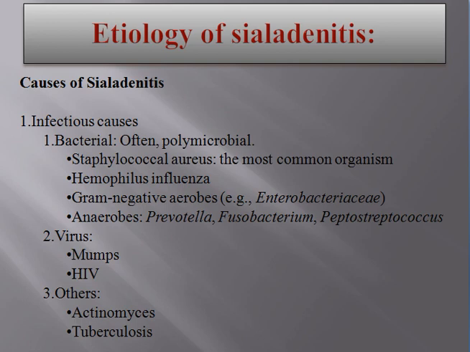Another type is the etiological classification of causes of sialadenitis. It can be infectious causes, the same bacterial, different bacteria can be cultured from the pus if it's acute purulent sialadenitis. Viral, it can be mumps, HIV infection, or herpesvirus infection due to which sialadenitis starts.